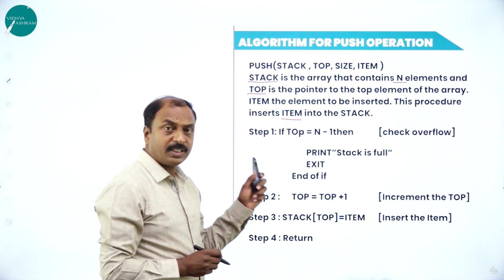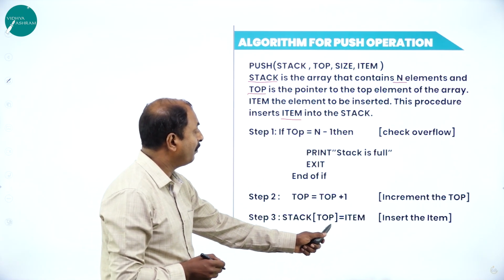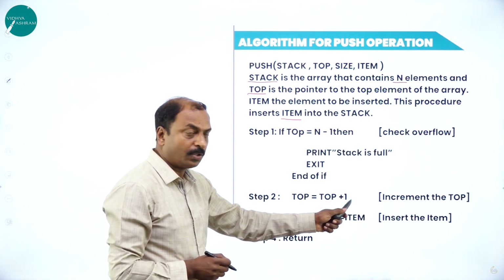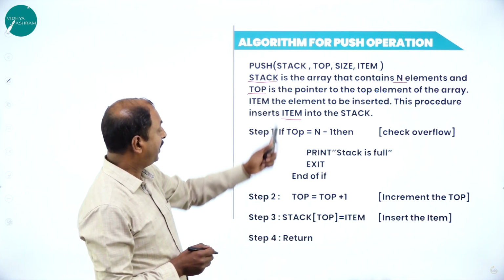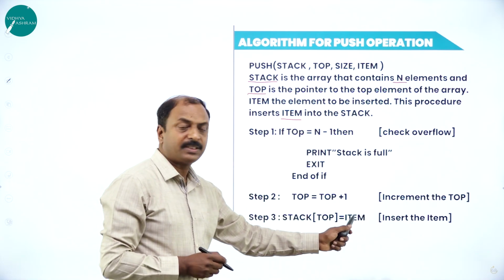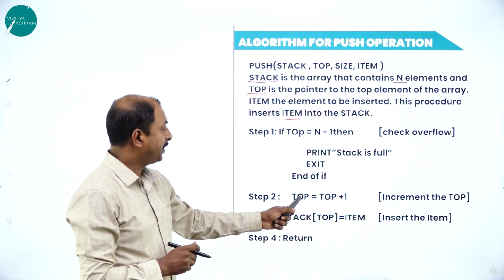Once you move the pointer, next we have to insert: stack of top equals item. So in this example, at the beginning top equal to 0, and stack is the name of the array. So stack of 0 equal to item. Item is the element to be inserted. The first element is inserted at the pointer top.